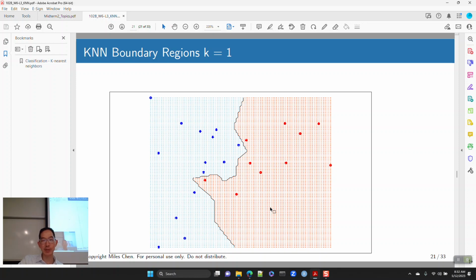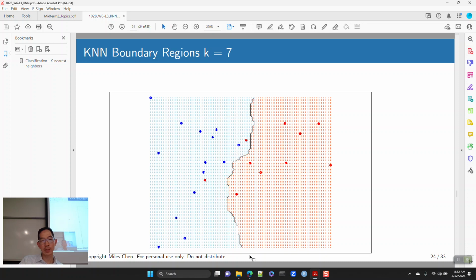Here's the boundary for k equal to 1. Here's the boundary for k equal to 3. It's a little odd, and now this red dot gets misclassified, and this blue dot ends up misclassified, but this is the border between the red side and the blue side. With k equal to 5, it becomes like that, and k equal to 7, it draws like that.